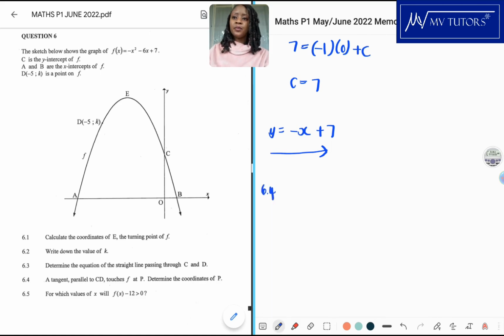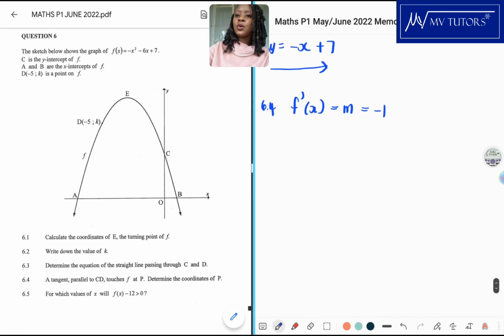So I know if I differentiate my function, I will not make it equal to 0, just like we do at a turning point. The gradient there is not 0. I would make it equal to the gradient, and the gradient is -1.